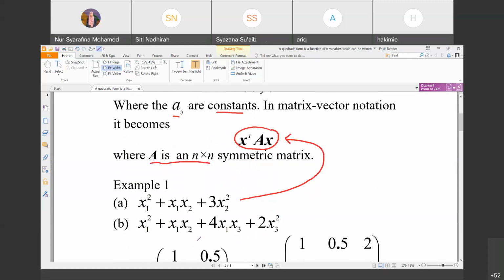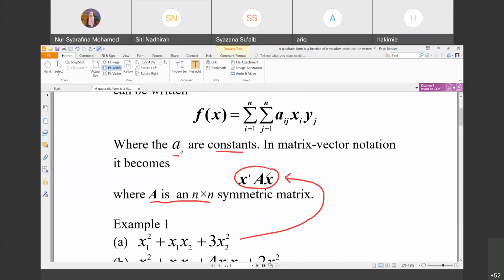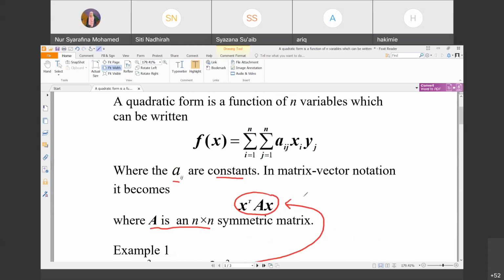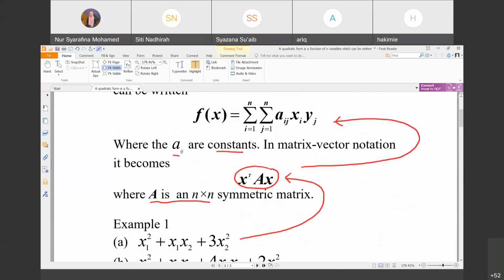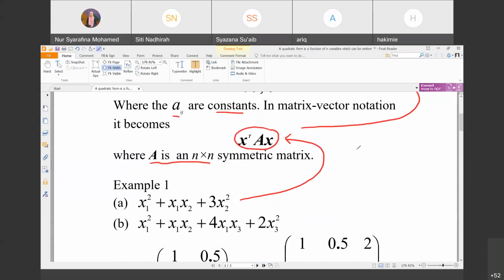Why do we need to understand this matrix vector notation? Because we can apply it to this quadratic form. So now, what is A? A is an n by n symmetric matrix, and we want to represent this function in terms of x transpose A x, so we need to understand what your A is.